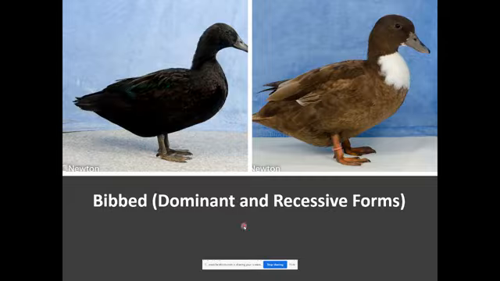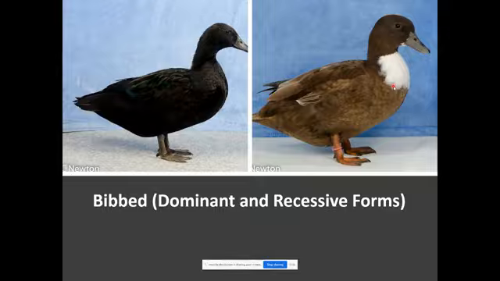If you had the dominant form of the bib and you crossed it to the solid bird, you would see some bibs in the progeny, and you would either see all bibs if this bird was pure or homozygous, or you'd see 50-50. So if you hatched enough ducks, you'd get an idea. So that test cross would tell you how it was operating.